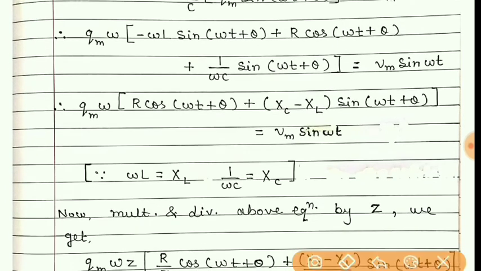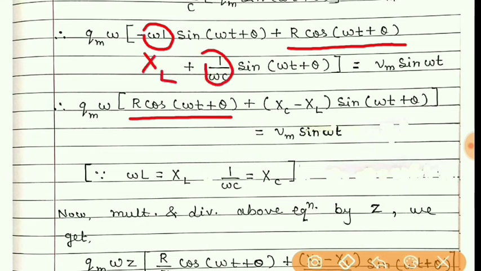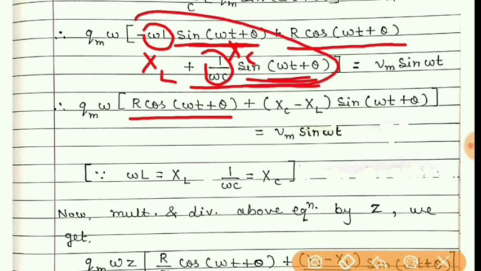Then we know that this R cos omega t plus theta we are writing first. Now for the remaining two terms, omega L can be written as XL, and 1 upon omega C is nothing but XC. Then sin omega t plus theta here also, and sin omega t plus theta here also. So it is common in both the remaining terms. For these two terms, sin omega t plus theta is common, so it is taken out.